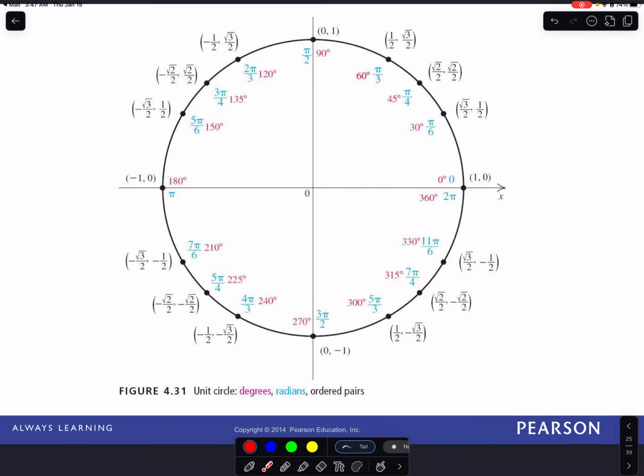I think 12 would work. What is that one? Pi over 12. Anywho, right? So, we can use this as a reference and things of that nature. Let's kind of keep going.